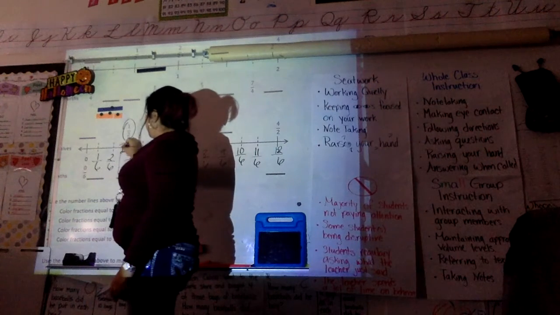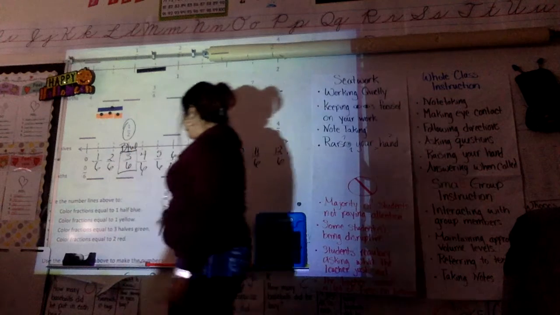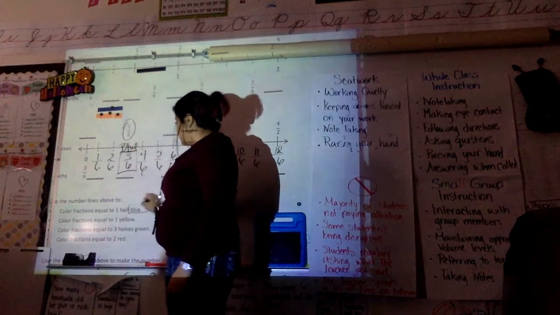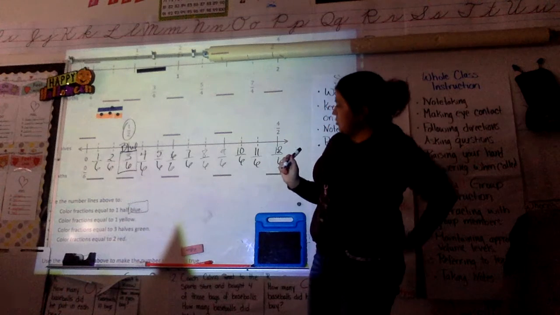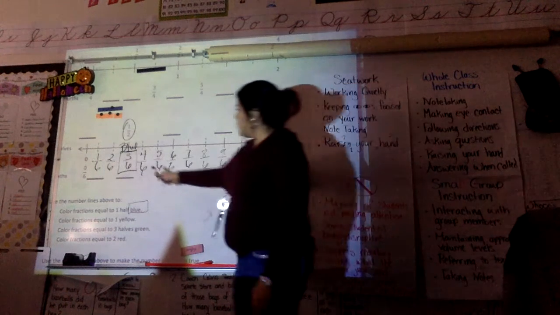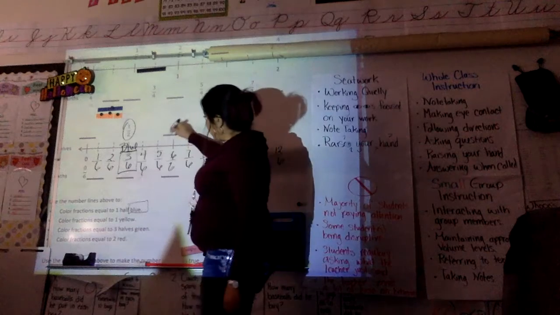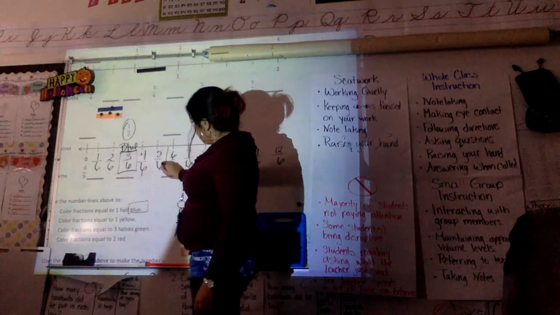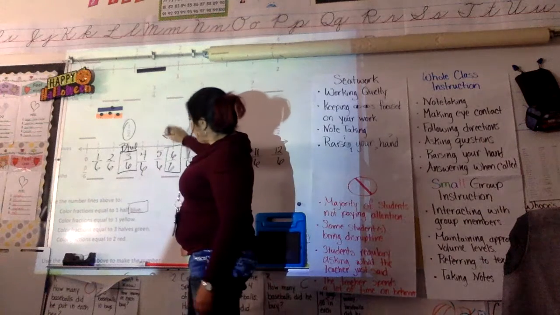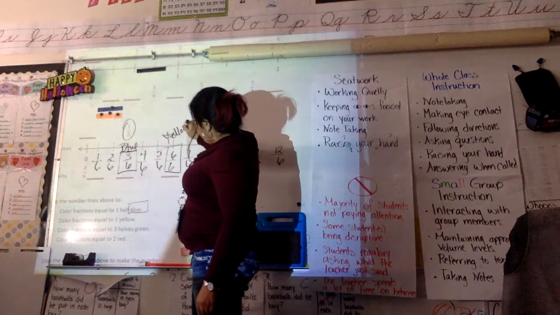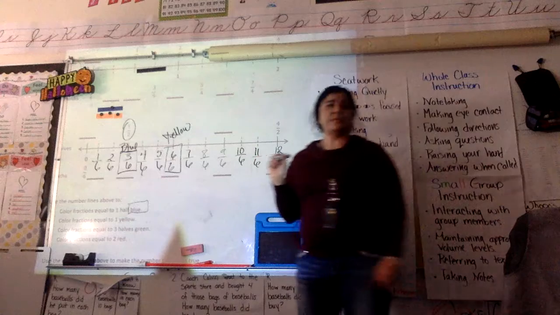And on the top, the one we found that is a half would be blue. Color the ones that are equal to 1. Wherever the 1 is, we have 1 right here. We are supposed to color this one yellow.